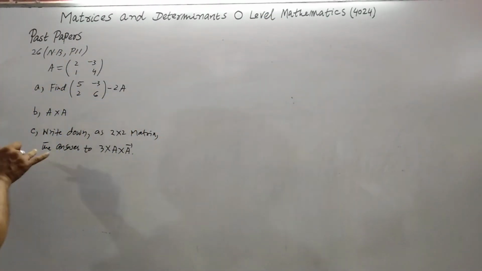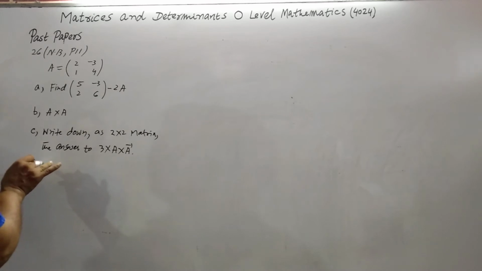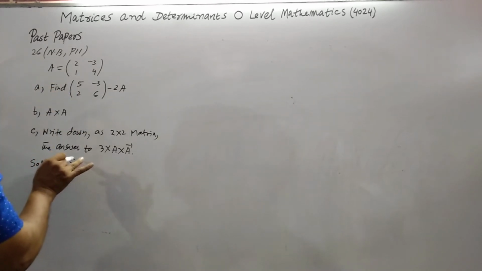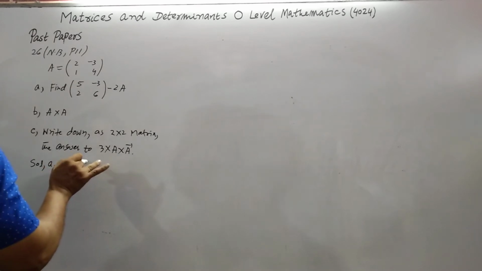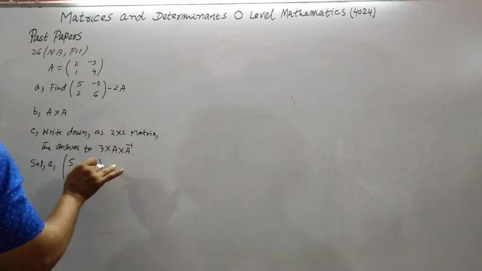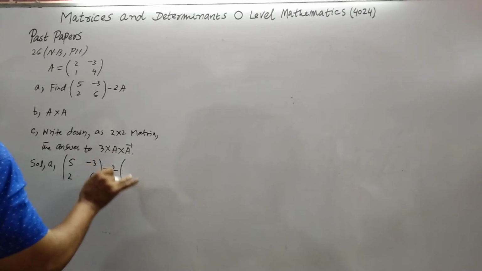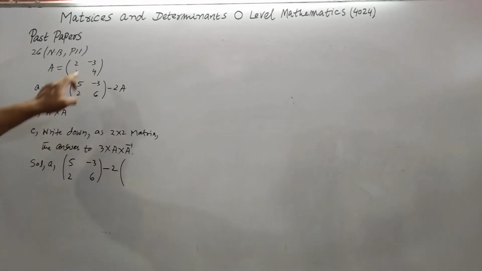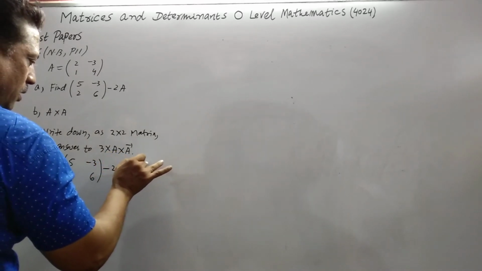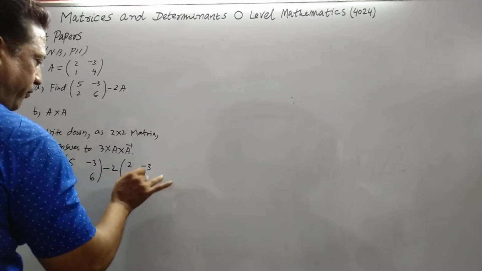Solution. Part A: 5, 2, minus 3, 6, minus 2 multiplied by A. What is A? 2, 1, minus 3, 4.